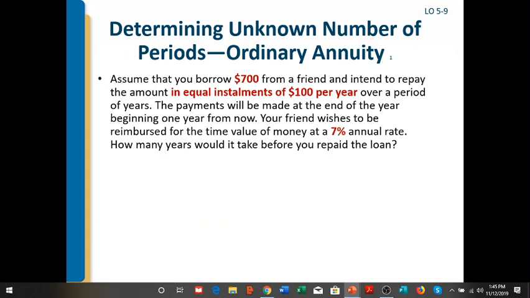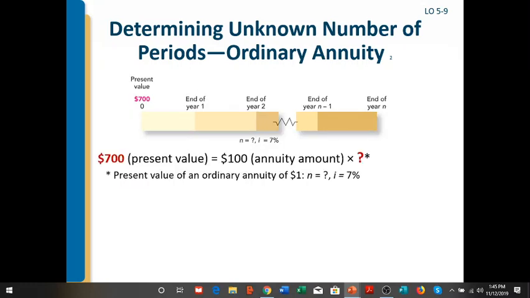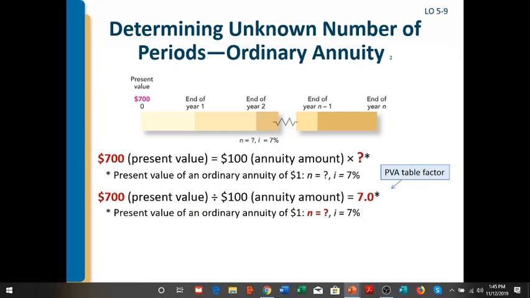So here they change it around, same example, but a variation. You're borrowing $700 here, and you want to pay $100 in equal installment payments at a 7% annual rate. So you're going to divide 700 by 100 to come up with 7.0.